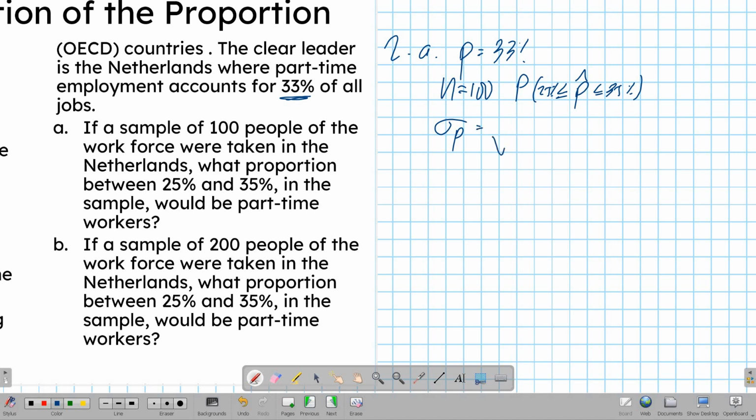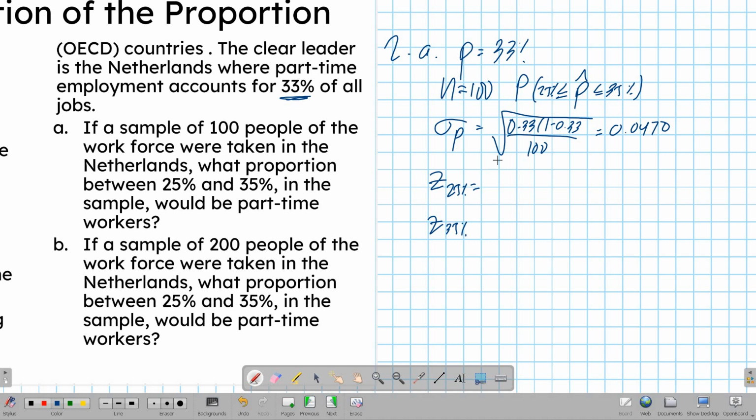That comes from the square root of 0.33 times 1 minus 0.33 over 100. This gives us a standard error, rounded to 4 decimal places, of 0.0470. With that, we can compute the z-score of 25% and of 35%.